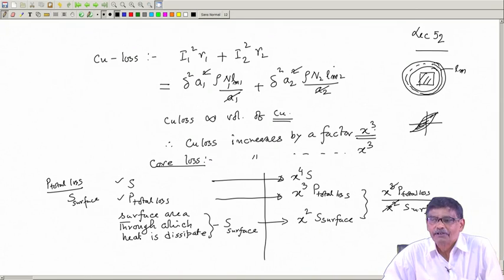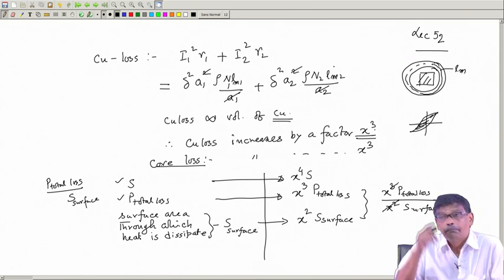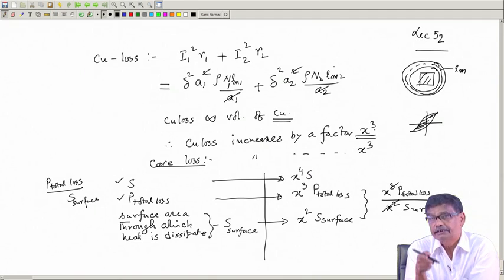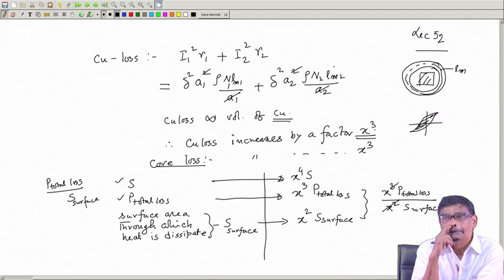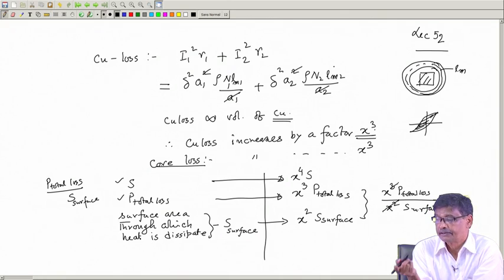Loss increases by a factor of x cube. If your surface area would have been increased by the same factor x cube, then the available surface to dissipate a certain amount of loss would be the same, but it is now more, because x is a number greater than 1.